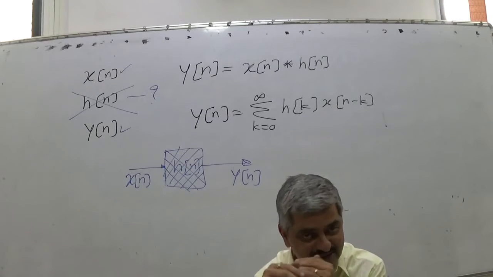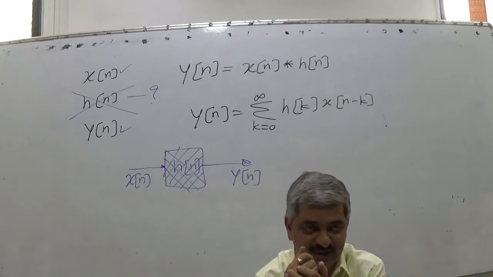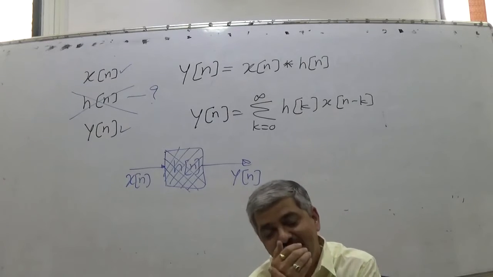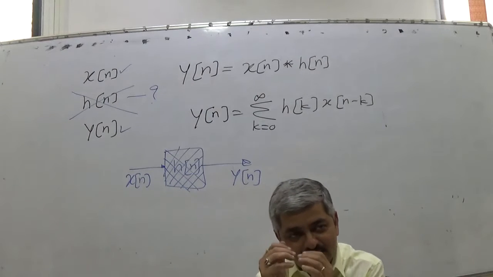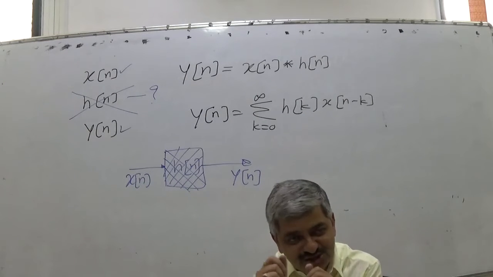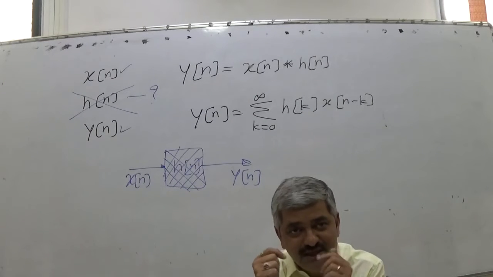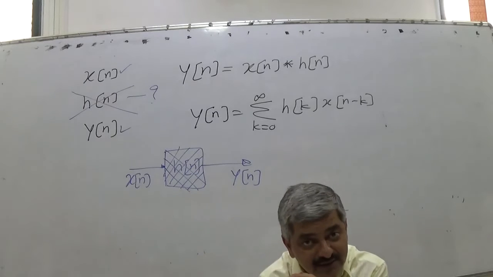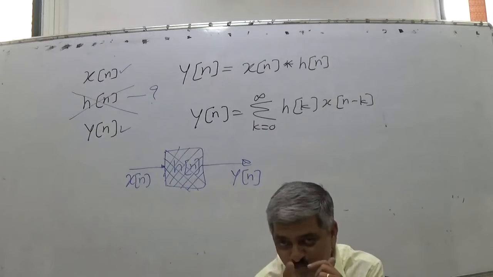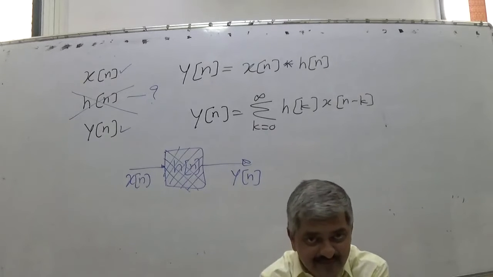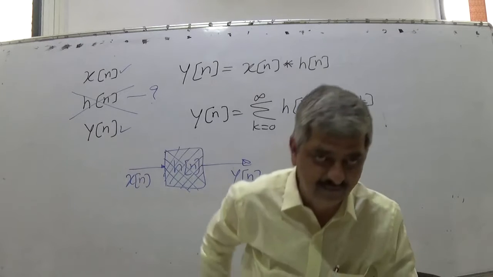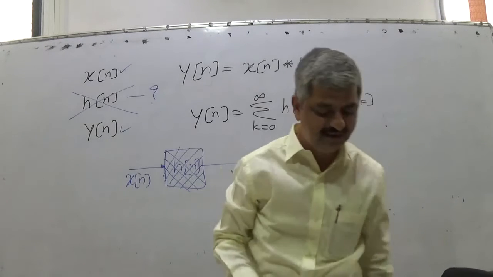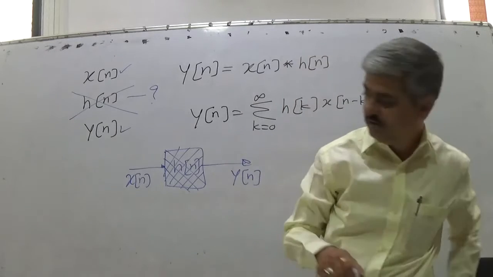Alternatively, I can rephrase the question: can I think of such an input which, if I apply, then the output I get is the system sequence itself, and whether that input I think of is very easy and feasible, let us talk about.